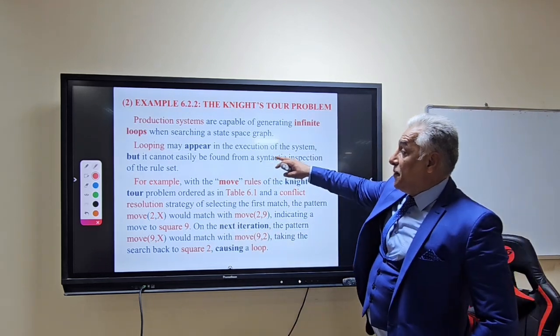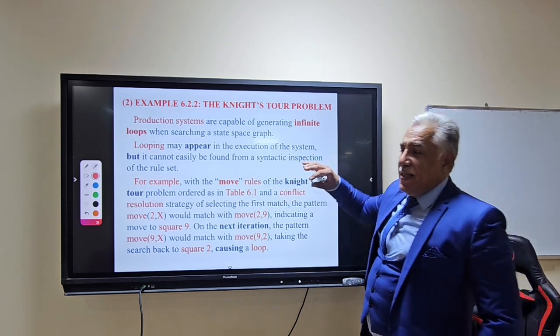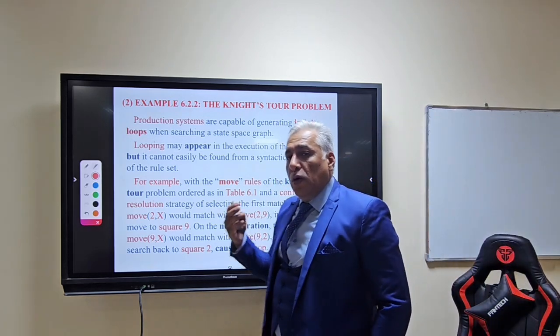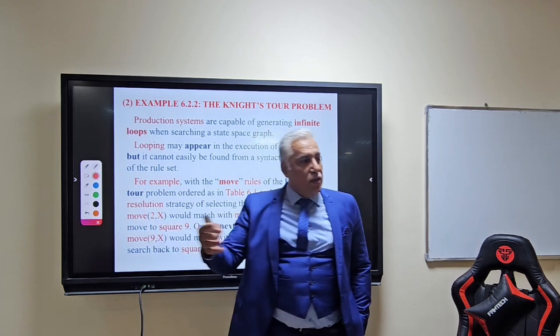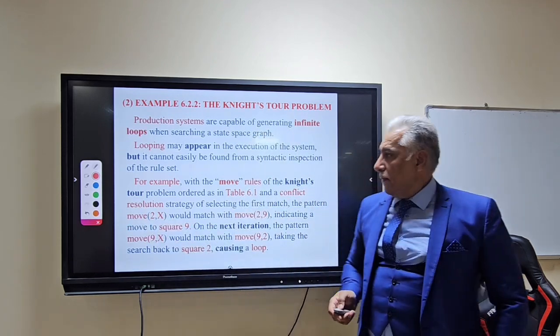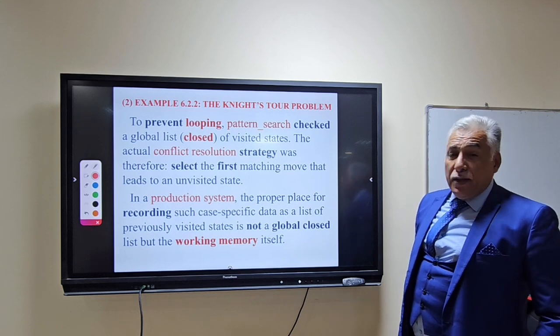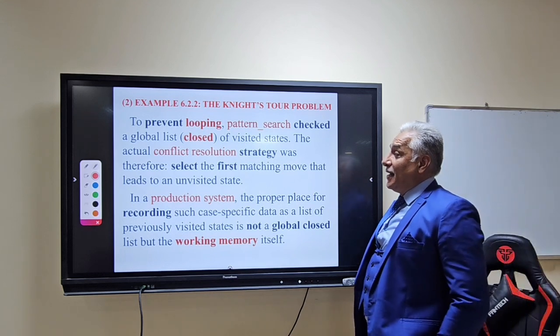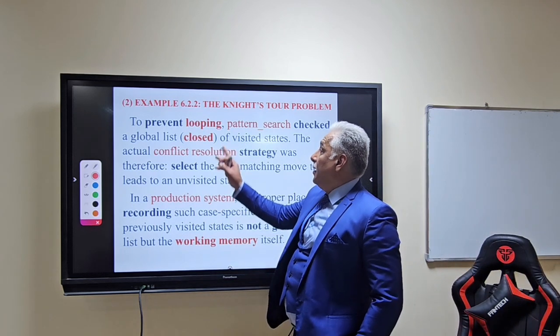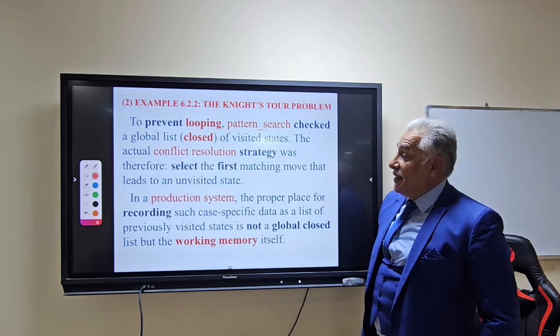Now, this process represents the same operation as when we use the closed list in a searching algorithm, which prevents the looping operation. To prevent looping, the pattern search checks a global list, closed, of visited states.